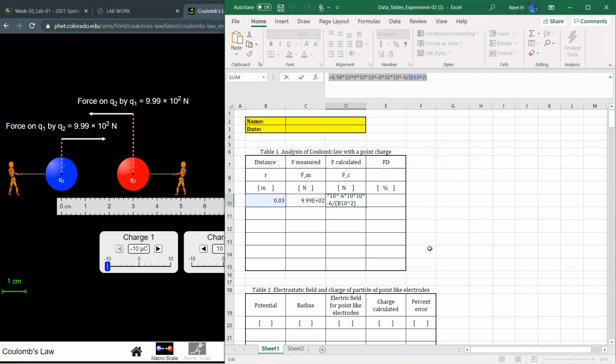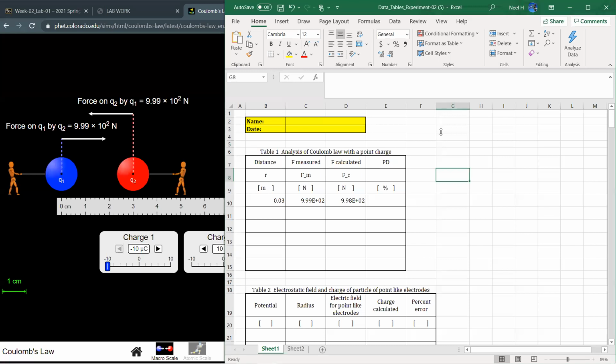So that's the command we're using now. I'm going to place it somewhere here. Okay, that should be our force calculated. Okay, so which means Coulomb's law is actually nicely working out, but there's a slight difference.